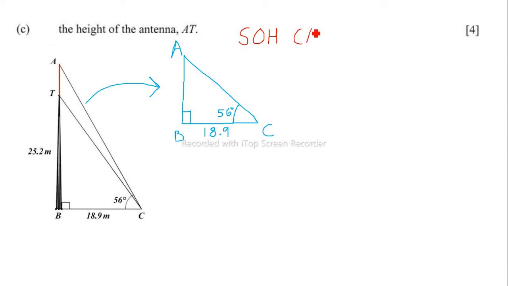SOHCAHTOA. All right, so for SOHCAHTOA, notice we have SOH, CAH, TOA. All that means is that you have to know what O means, what H means, what A means.